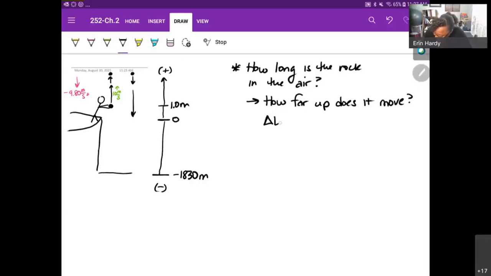I'm going to call this interval delta t1. So I know that throwing the rock up in the air is not going to result in the rock moving up forever at a constant speed or speeding up as it gets further away from me. The velocity and the acceleration vectors disagree. So there will be a point where the rock is going to have a vertical velocity of 0.